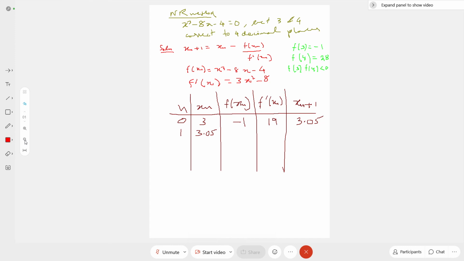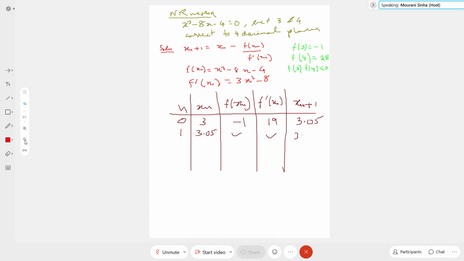So calculate next f of 3.05 and f dash 3.05. Because time is short, I'm just giving you the values.